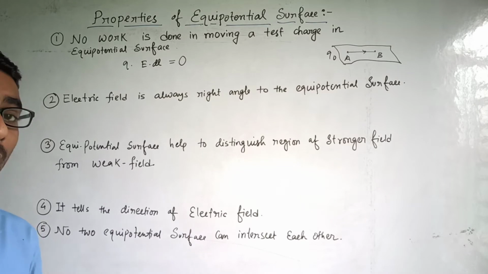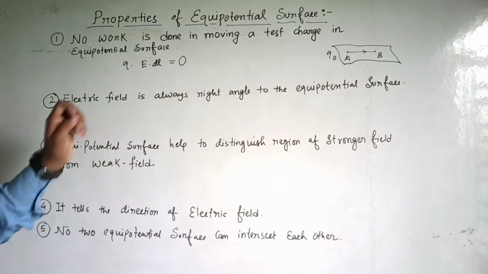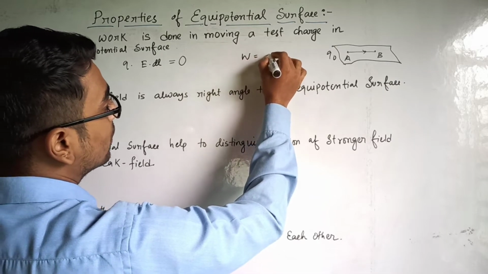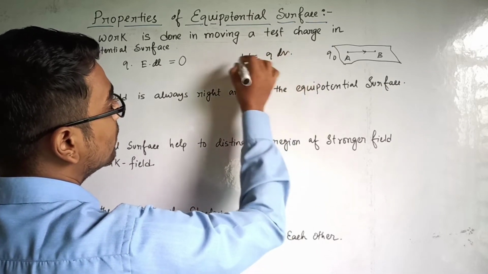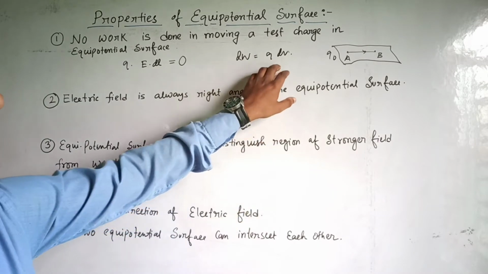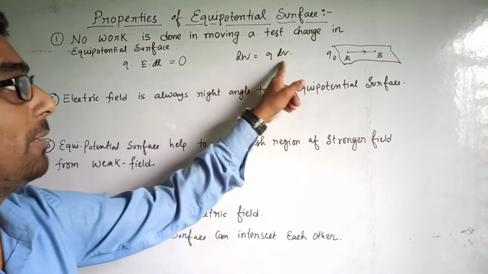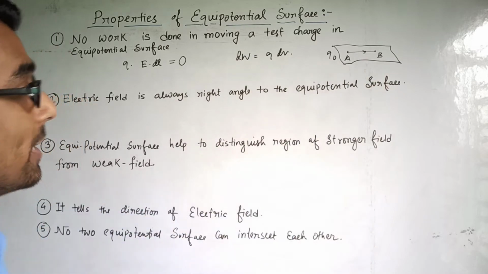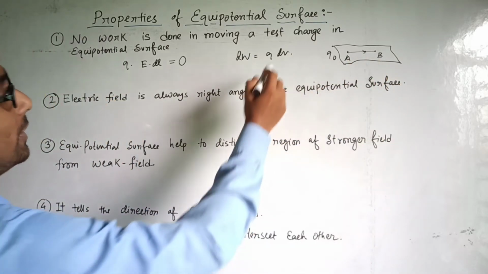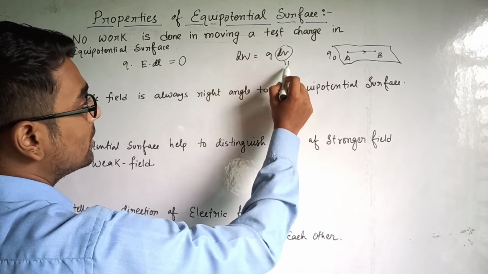Why is it so? Because we know that the work done is equal to Q multiplied by dV. It will be dW, because Q is constant here. So it will be the potential difference between the 2 points, and as the potential is the same at points A and B, dV will be 0.